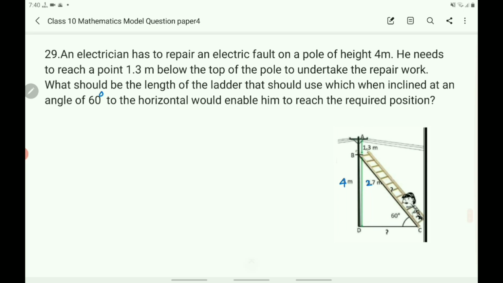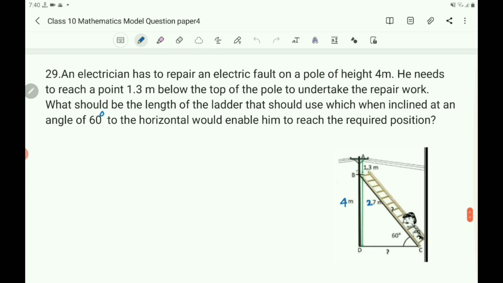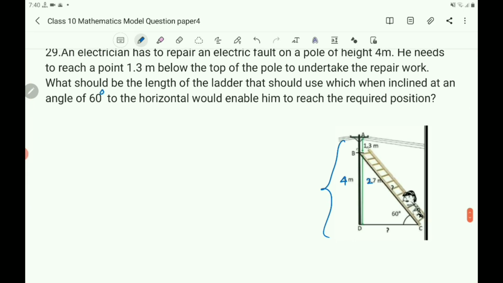Here the total height of the pole is 4 meter, and here he must reach the height 2.7, because he must reach the height up to B. So the distance from A to B is 1.3 meter. Here you must reach the point 1.3 meter below the top of the pole.